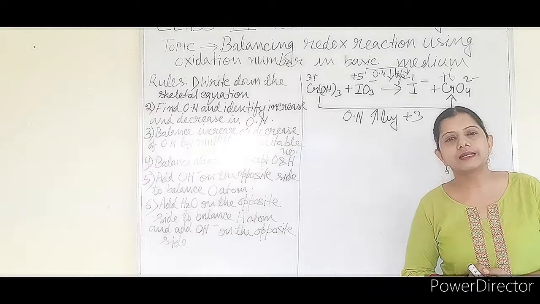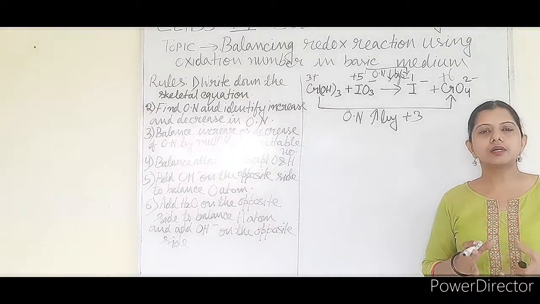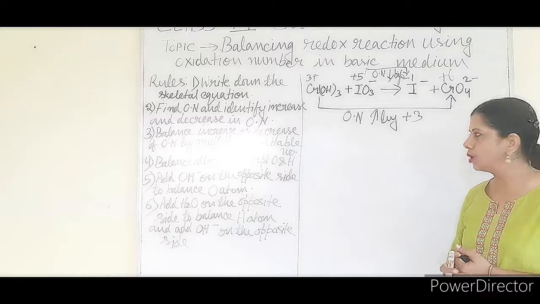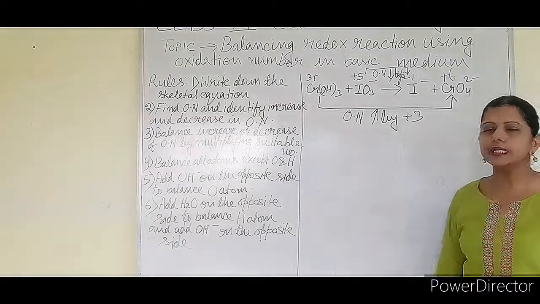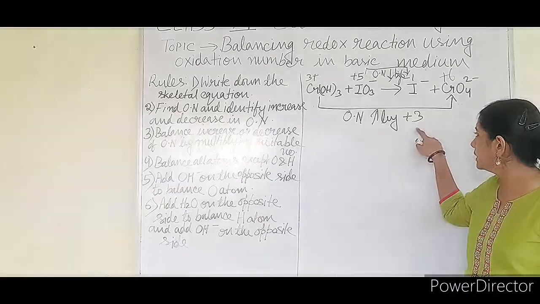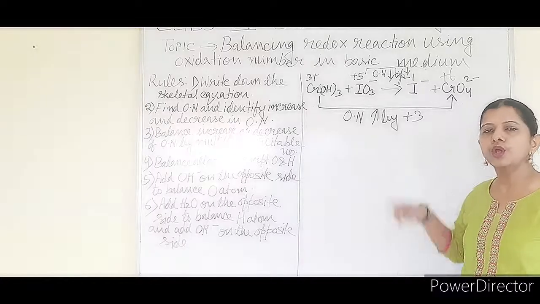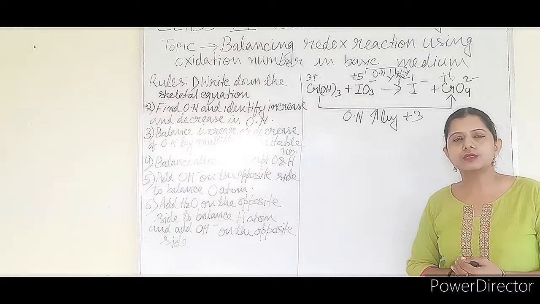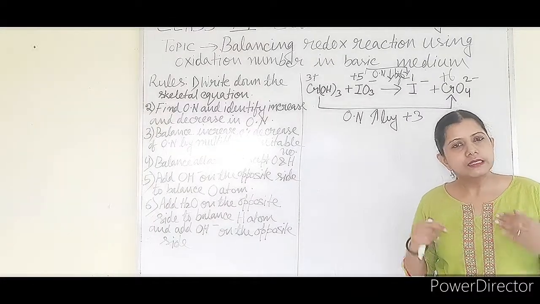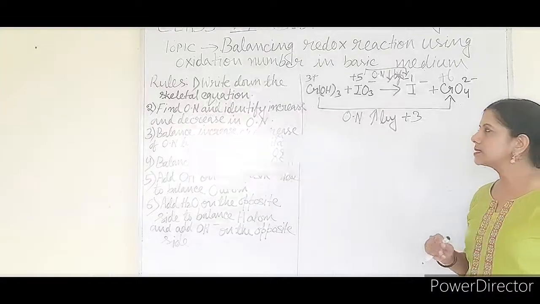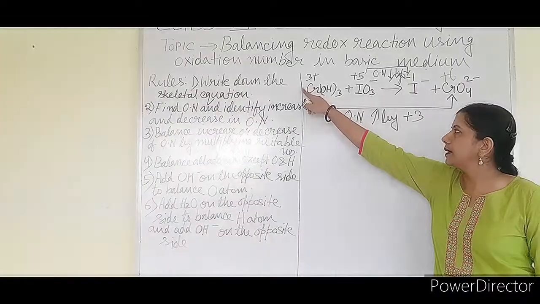I have to make the increase and decrease equal. So 3 into 2 is 6. If I multiply 3 into 2, I will get 6. So both the increase and decrease will be 6. So on the reactant side, I will write 2 here.